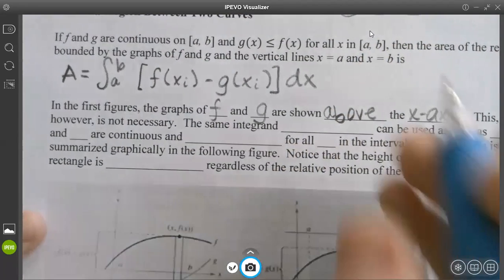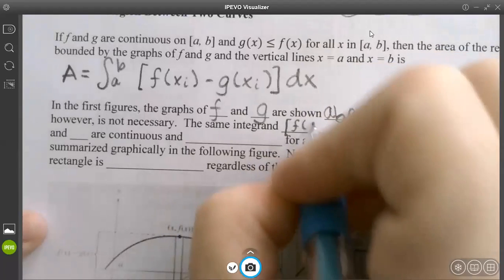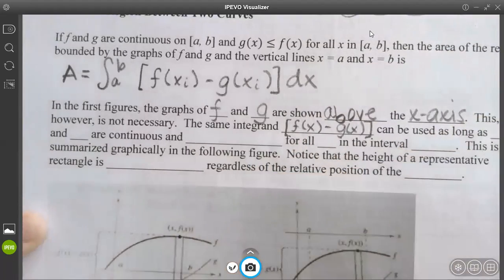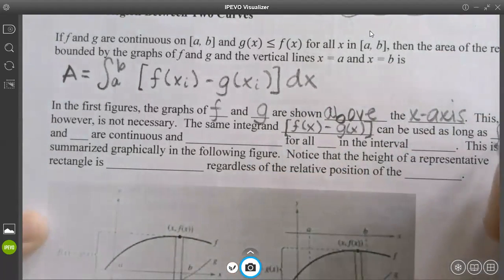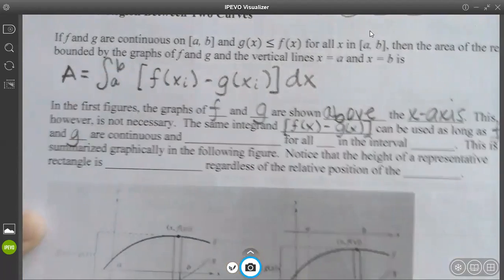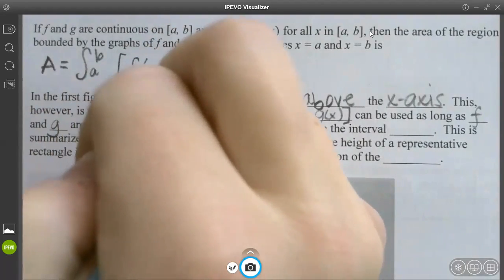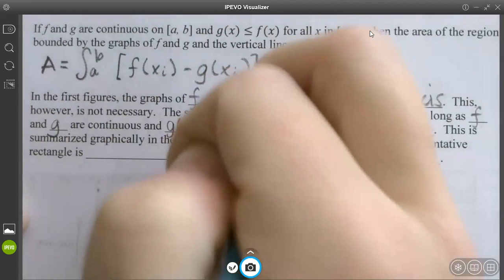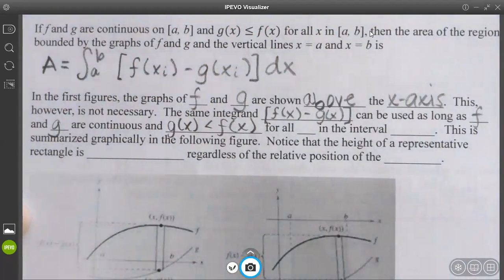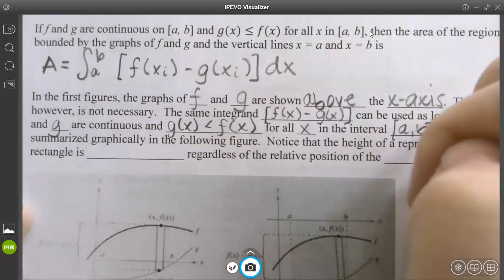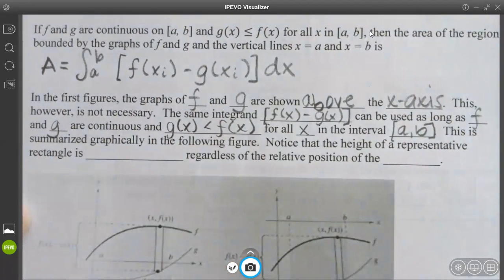The same integrand, f of x minus g of x, can be used as long as f and g are continuous and g of x is below or less than f of x, for all x in the interval a to b. This is summarized graphically in the following figure.